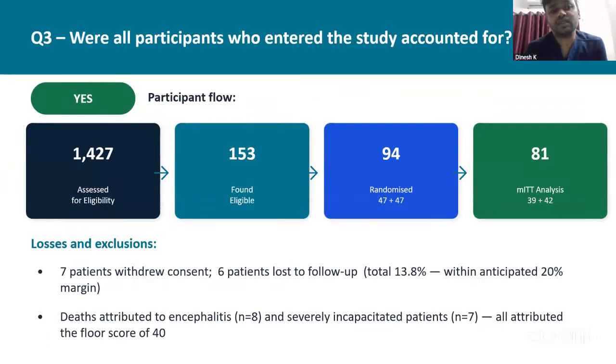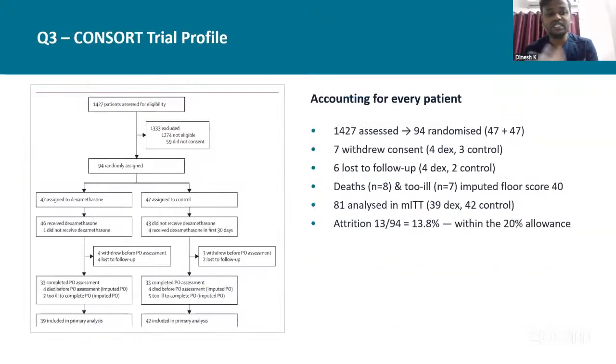So coming to the next question, were all the participants who entered the study accounted for? For that, we will see the CONSORT trial profile. But before going into that, first, how did they select the sample size? They expected a 10% mortality in the study regarding HSV encephalitis.